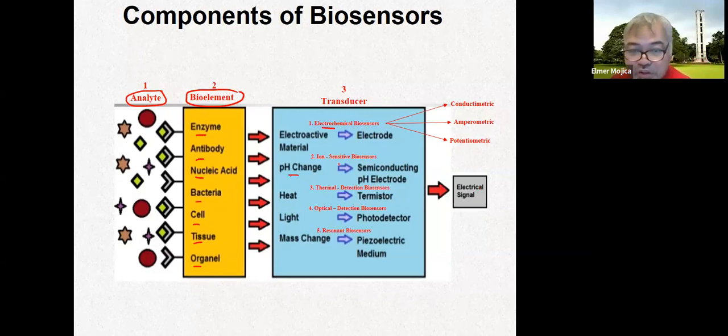Now, some you can monitor for any release or absorption of heat. You have the thermal detection biosensor. And for one that has light coming out, you can have the optical detection biosensor. And last but not least, there are biosensors that monitor mass change, the piezoelectric medium.